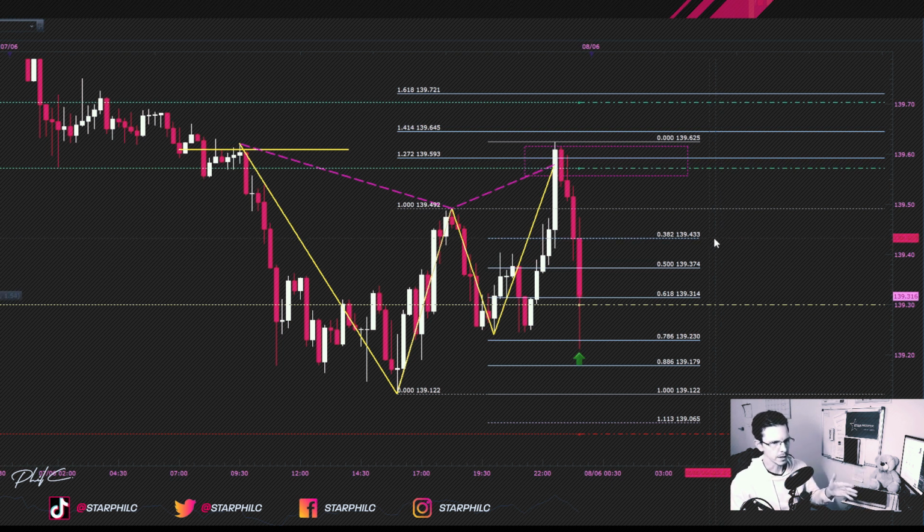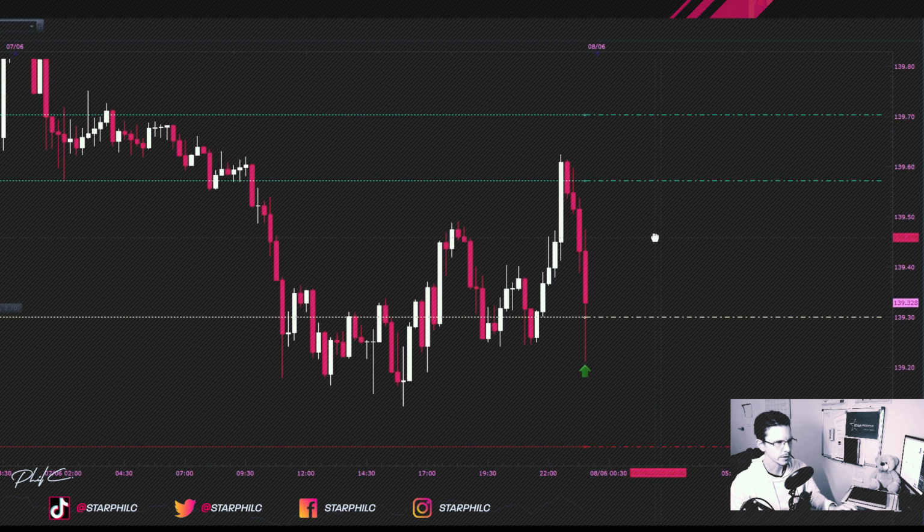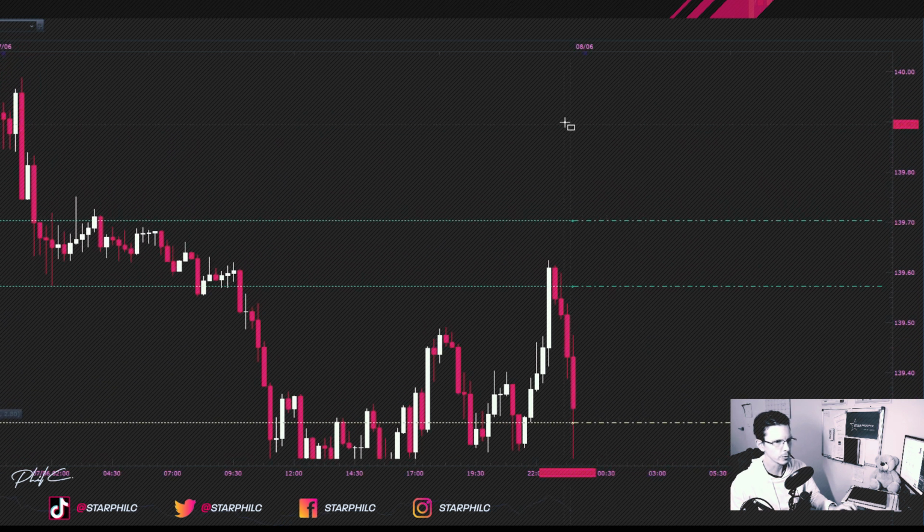What I'm looking at here is a trend continuation trade. So if I get rid of this, actually pattern trade on a higher time frame too, if we get price action right up around these levels, this level at 139.